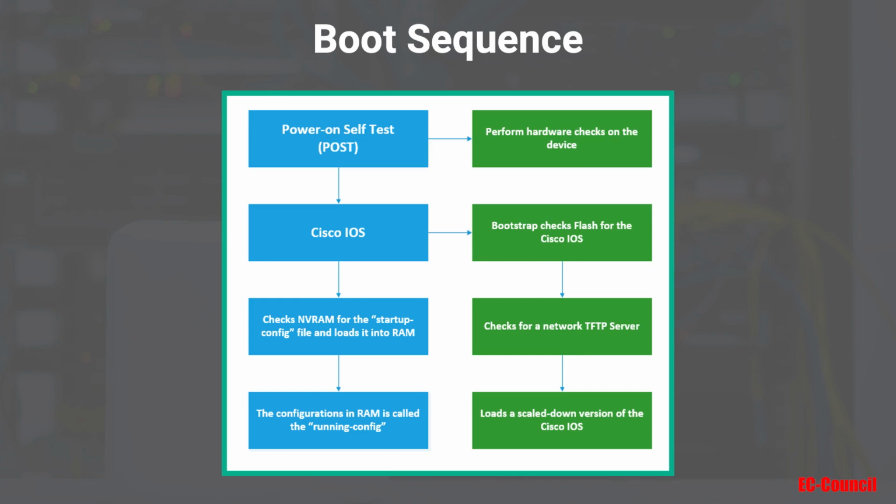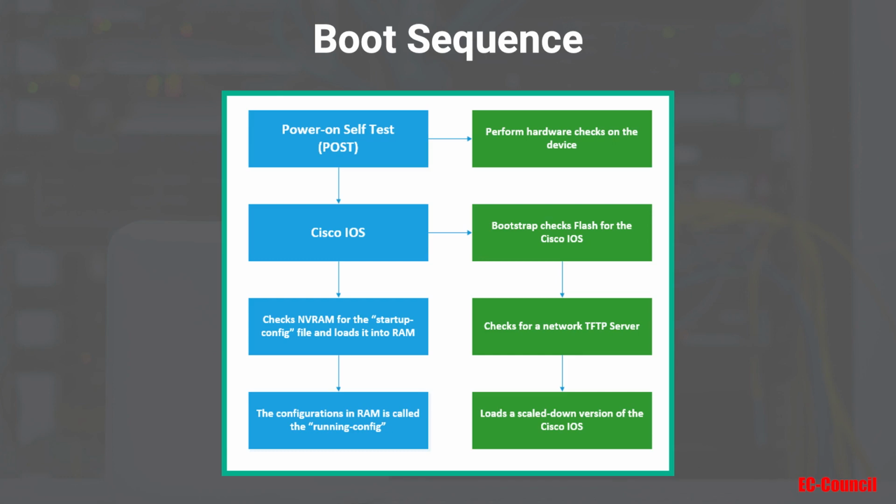Furthermore, the configurations that are done in the running config are not automatically stored in the startup config. If you make any changes on the device, they are stored in the running config. The running config is located in RAM. If the device loses power, the contents of RAM are lost. This here is where NVRAM comes in.